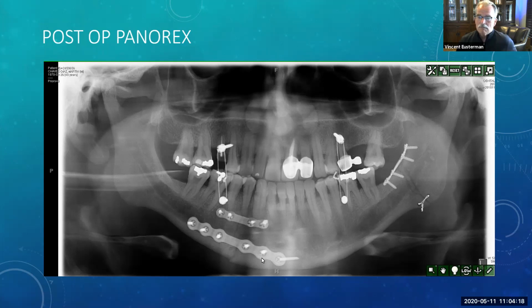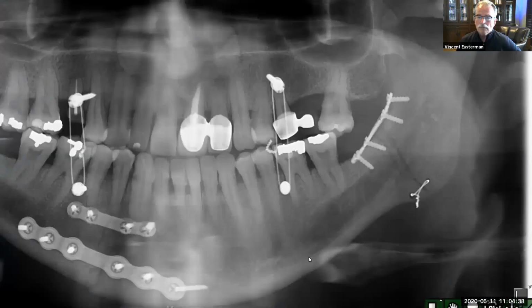The right-sided parasymphyseal area was treated with a tension band and a heavier plate on the inferior border. So this area is torqued differently than this area. The muscles are pulling these various regions in different ways, so they actually all have to be treated separately.